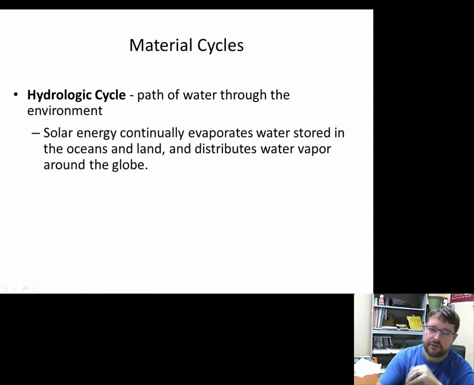Now, from a big picture, what we're going to talk about today, solar energy is a huge portion of the hydrological cycle, and that solar energy is used or captured by water. In the process of capturing the photons, water will be vaporized, so it'll start to evaporate off.